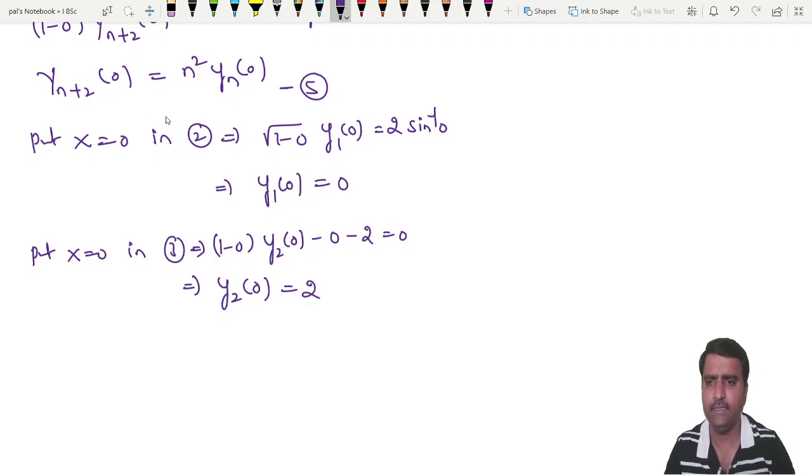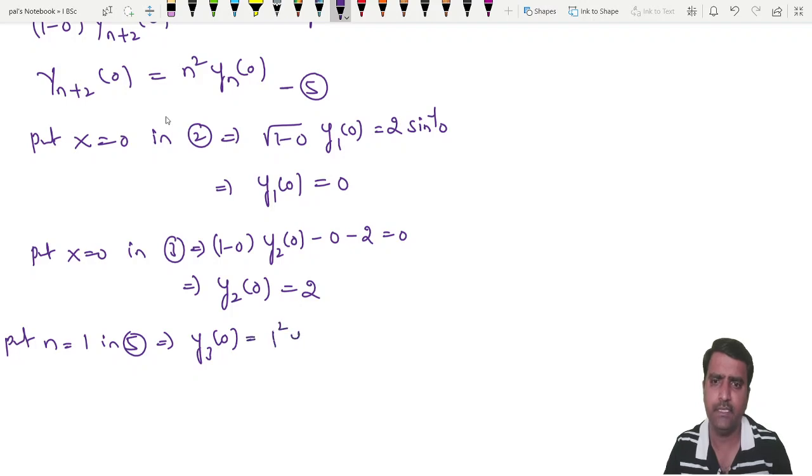So put n is equal to 1 in 5, which implies that y3 of 0 is equal to 1 square into y1 of 0. So y3 of 0 is equal to 0 because y1 of 0 is 0.